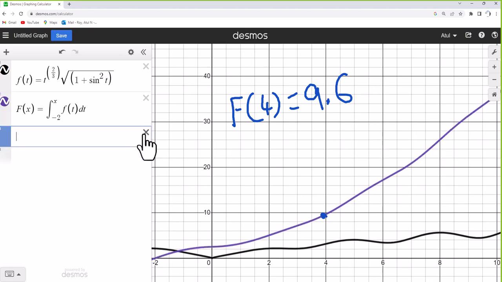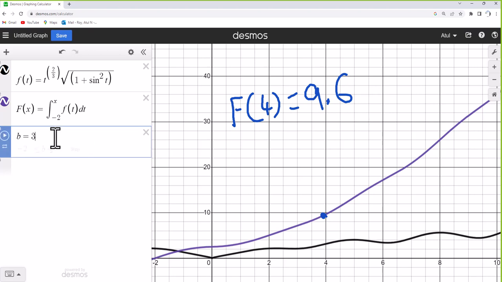Or you can do it a little more dynamically. Take b equals, for instance, 3, and we will let our b go from -2 to 10. Sorry, not there.